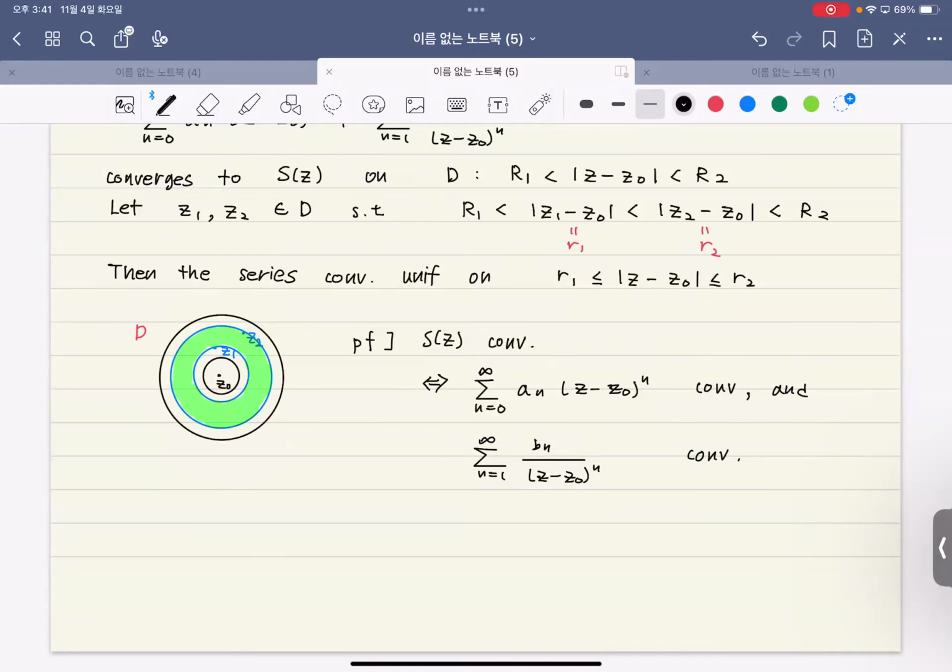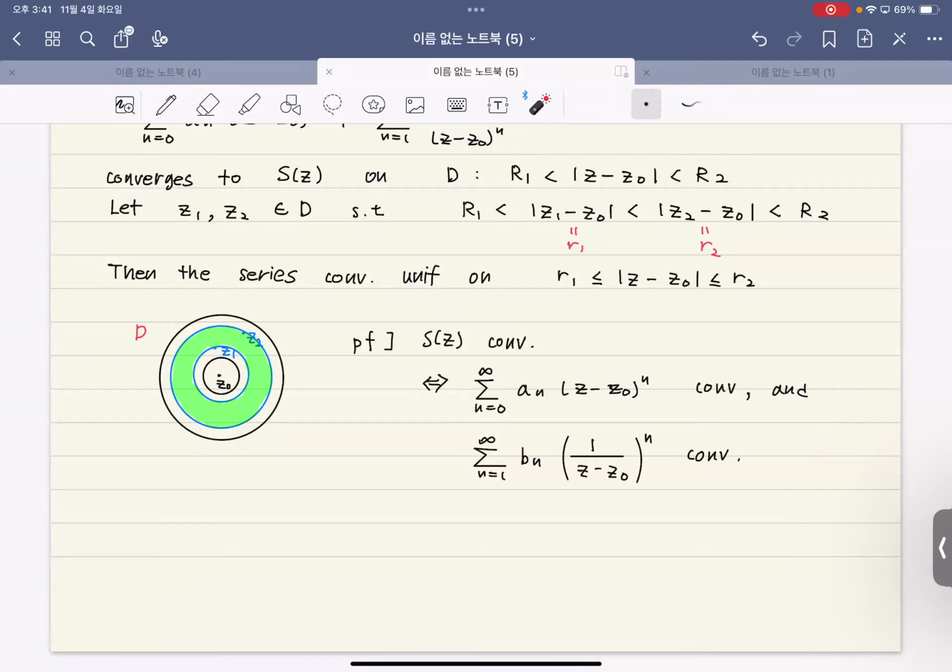Please allow me to change my expression a little bit. I would say Bn times (Z minus Z0) raised to the power of n.